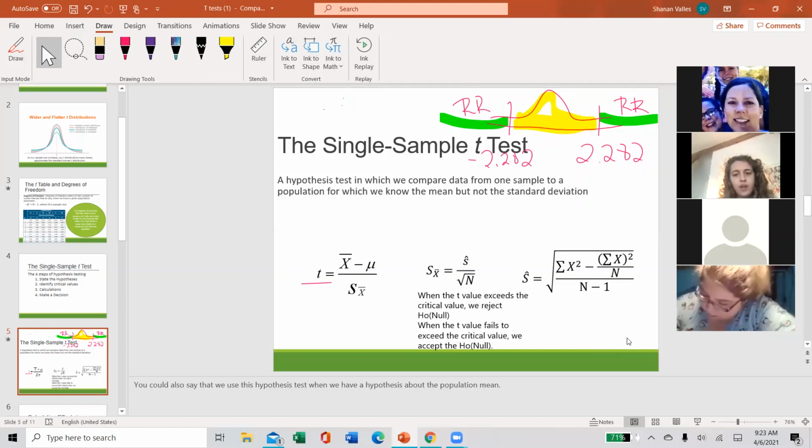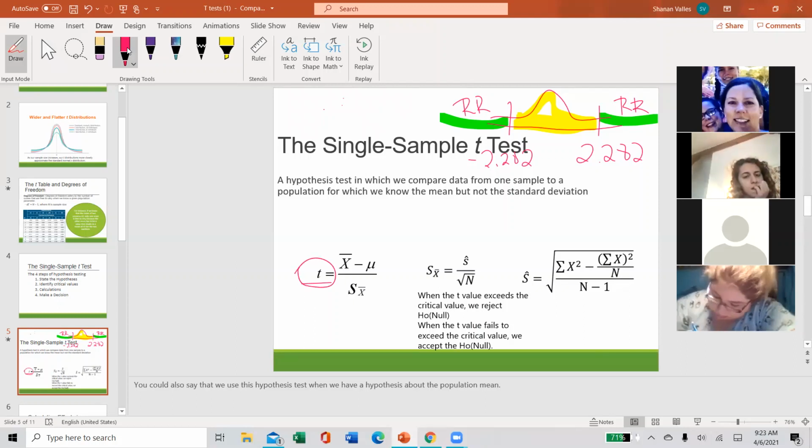Yeah. Okay, good. So we're going to get a t-score, and that's what this is right here, right? Our t-score. This right here is our sample mean. This is just kind of going over our symbols again.